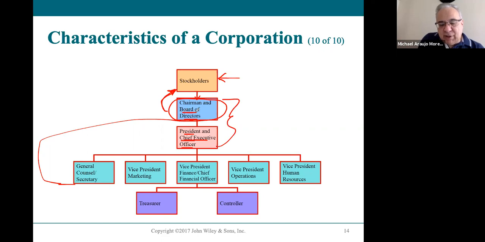Because the people that serve as members of the board of directors of a corporation tend to be overwhelmingly CEOs of other corporations. So it's sort of like an executive inbreeding type of relationship between the board of directors and the CEOs of that company.